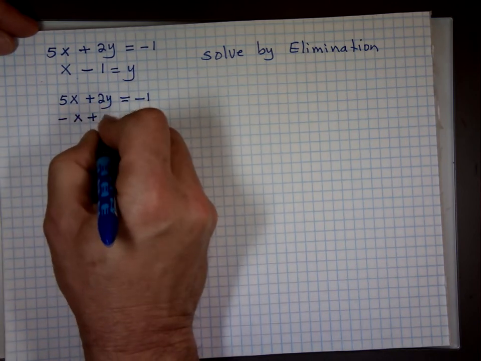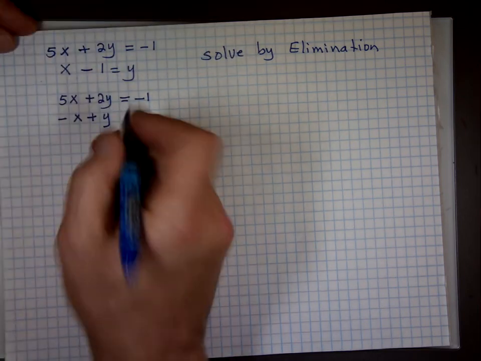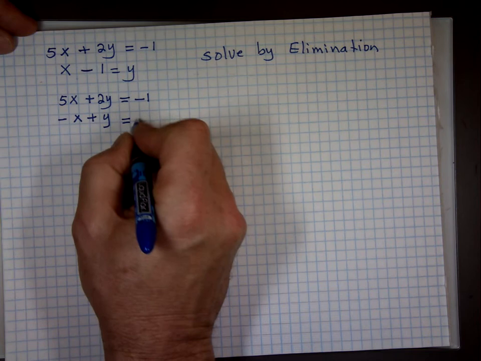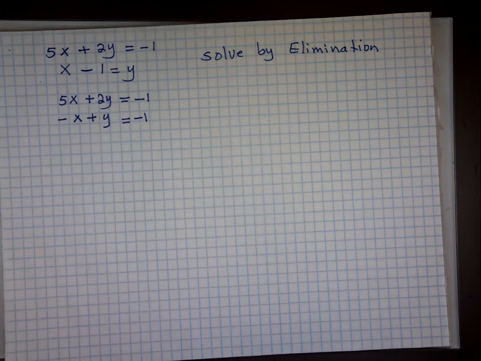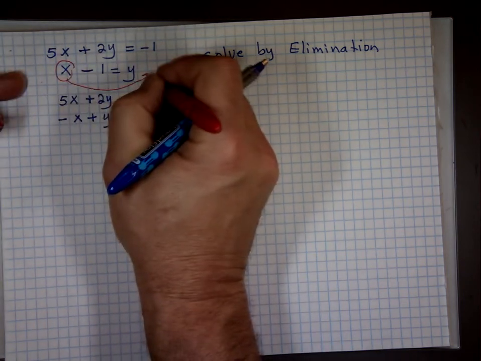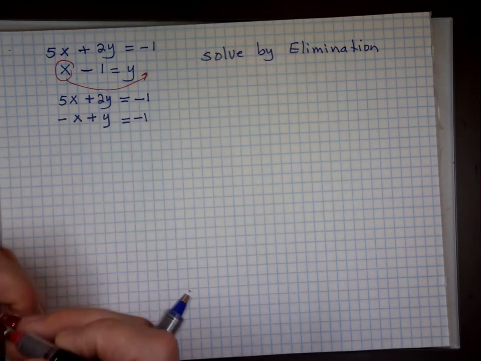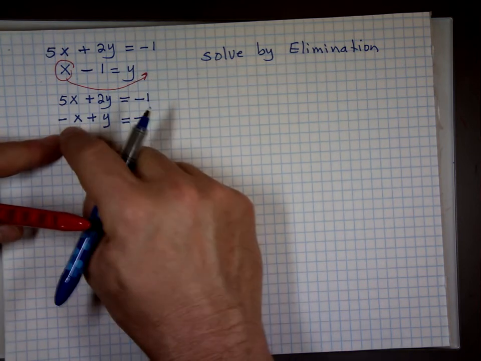And is equal to the minus 1. Doesn't matter if I put equal to the minus 1 on the left side or on the right side. Everyone see what I did? I really took this x to this side, and that would change to negative x now. So that's why the negative x, the plus y, equals the minus 1.